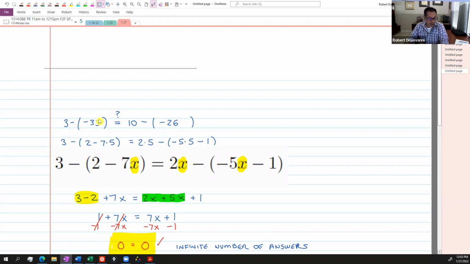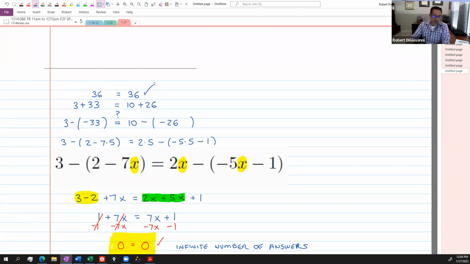Okay, so on the left-hand side, when you do 3 and you take away a negative, it's the same as doing 3 plus the number. And on the right, you're taking away a negative, so it's the same as doing plus the number. And so on the left-hand side, you get 36, and on the right-hand side, you get 36. And that in fact is true, right? So it worked. Cambry picked 5, it worked.